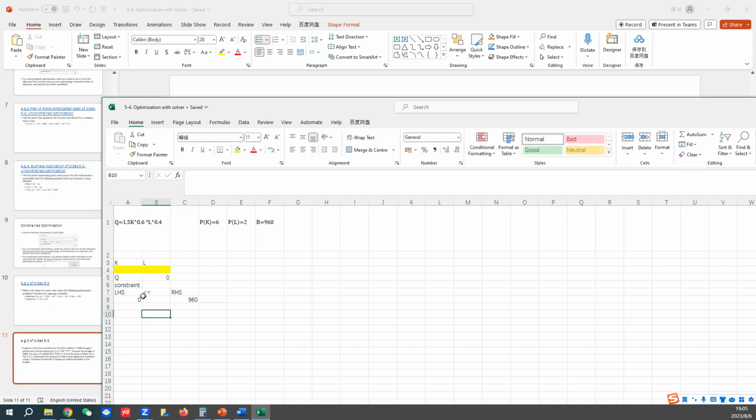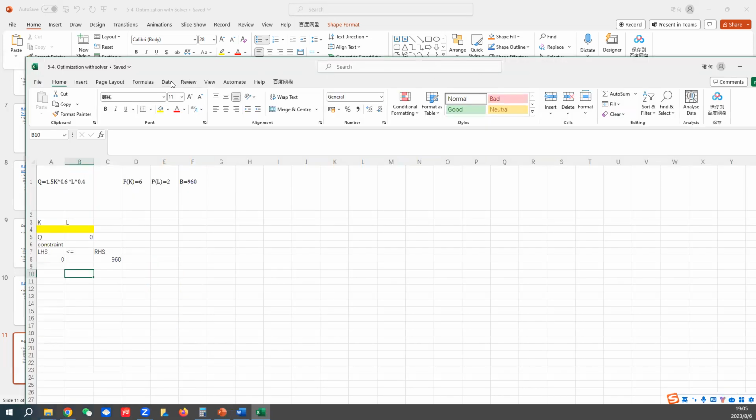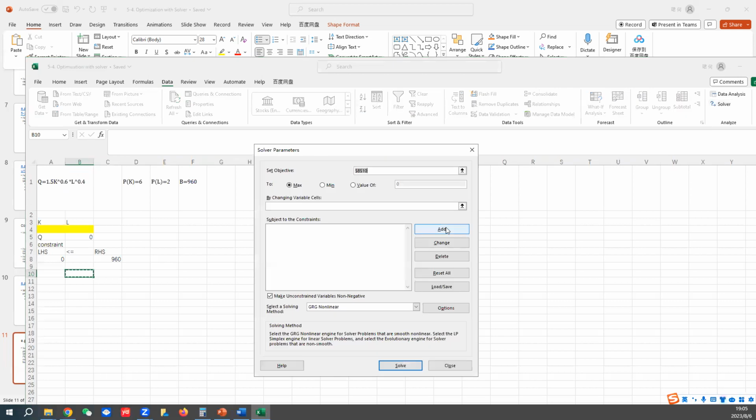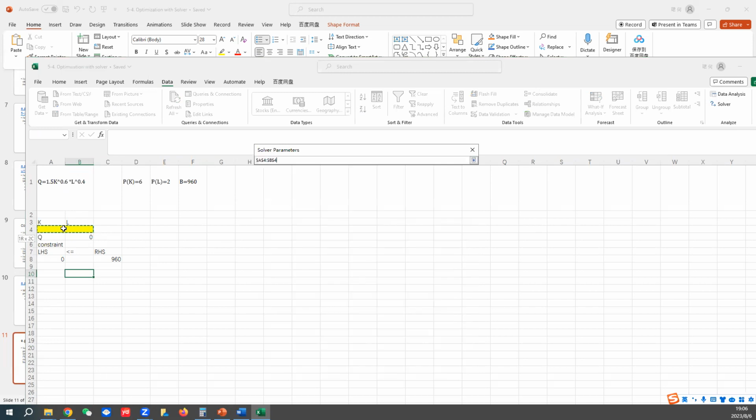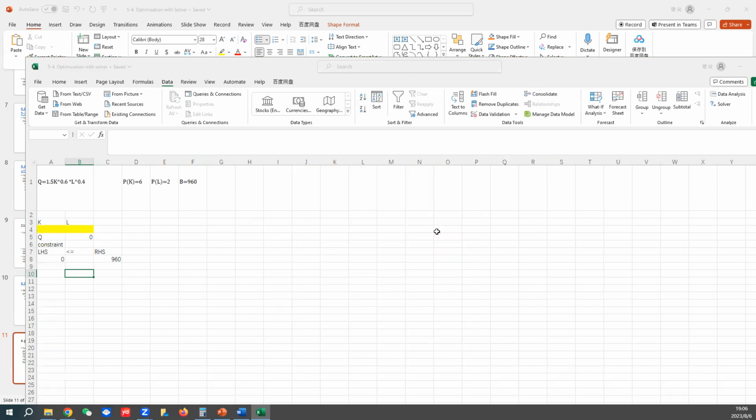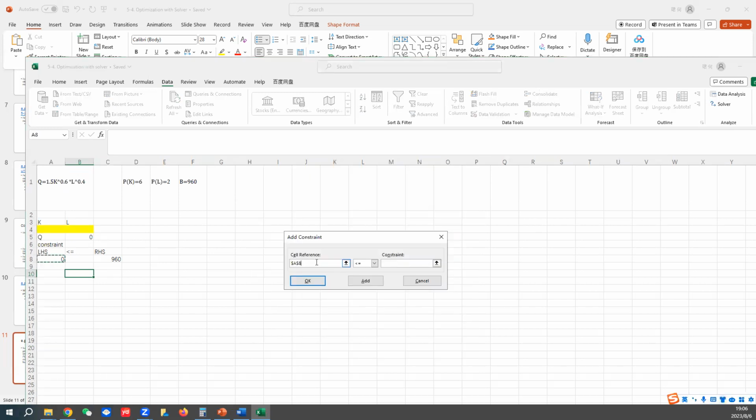Now that we have all this, let's use Solver to directly realize the maximization goal. We maximize quantity by choosing capital and labor, adding the constraint that the left-hand side is smaller than or equal to the right-hand side, 960.